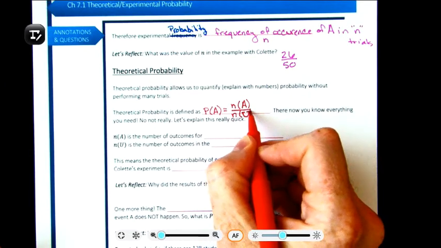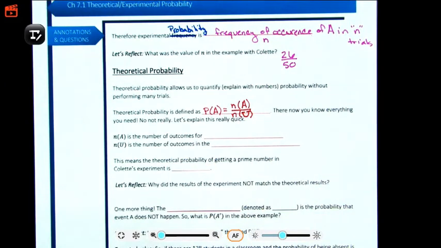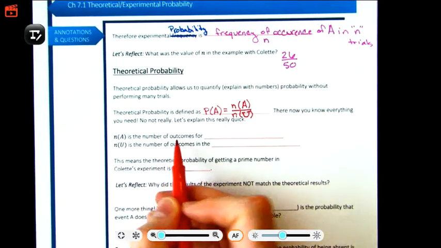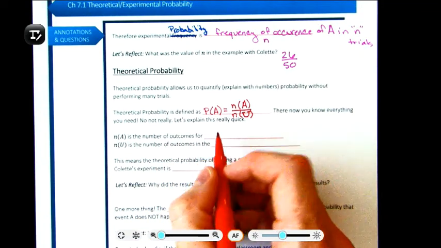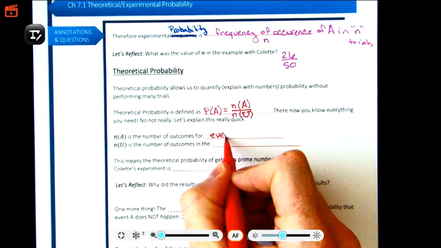Again, I'm being sarcastic here. It says, now you know everything you need. No, not really. Let's explain this really quick. This looks confusing, but if you understand the symbols, it really clears things up. I think that's the problem with mathematics a lot: I guarantee you understand the math. It's the symbols that are throwing you for a loop. So N of A is the number of outcomes for event A. It's the number of times A occurred.